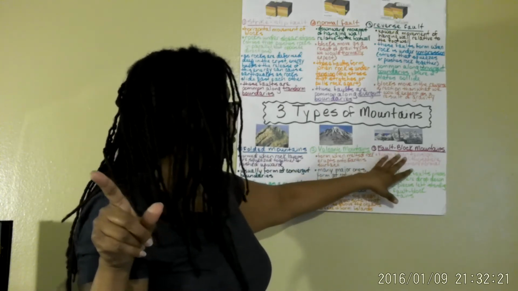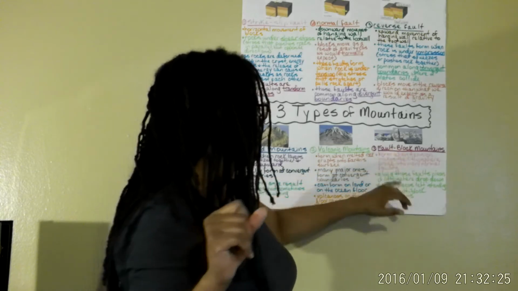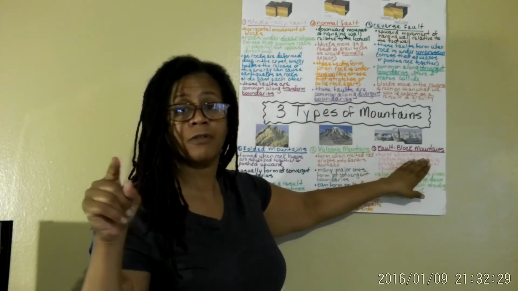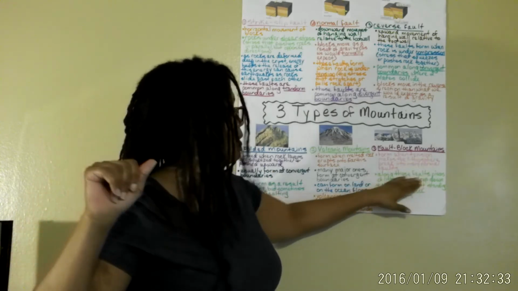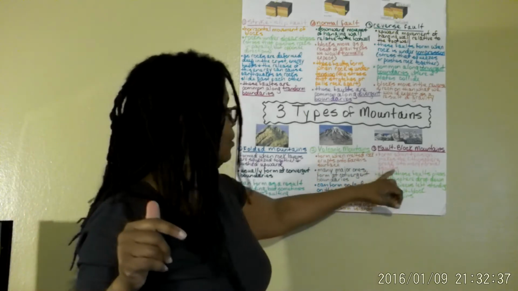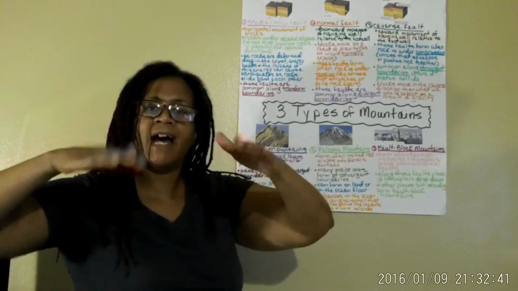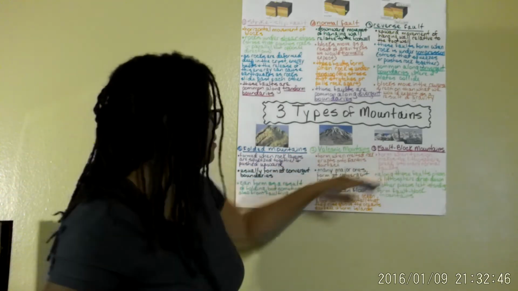So when we're talking about the fault block mountains, it says it forms when tension makes the lithosphere, remember that's now the upper physical layer, break into many normal faults, okay? So the lithosphere breaks, and now we have all these normal faults and all these different tectonic plates, okay?